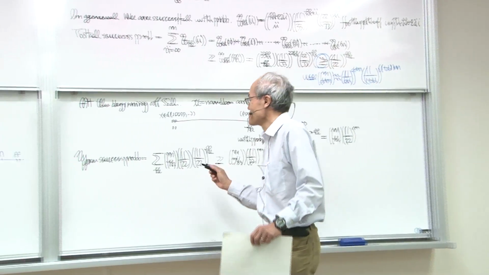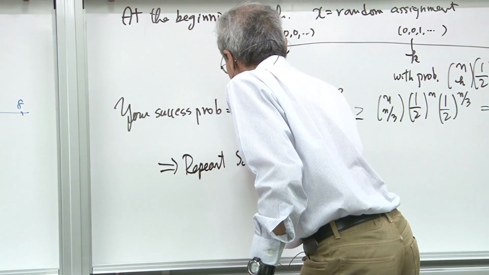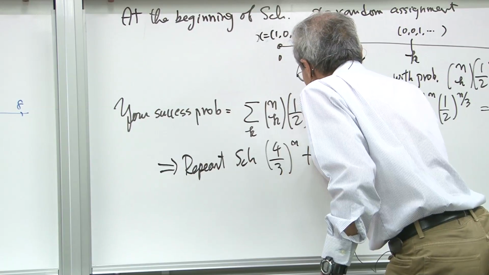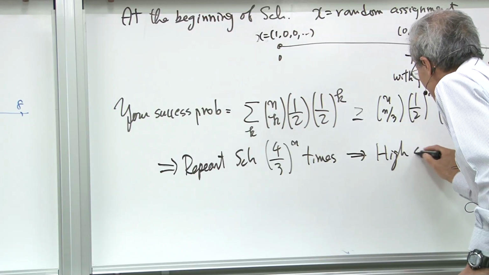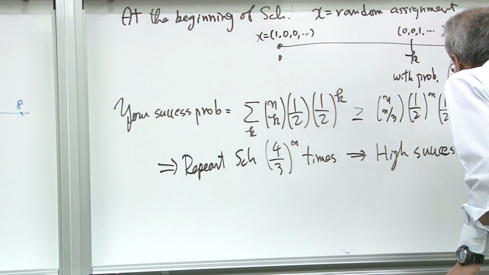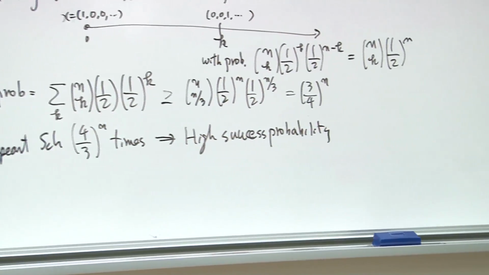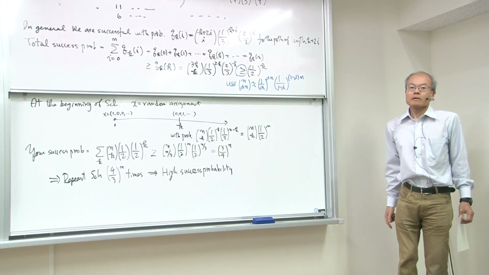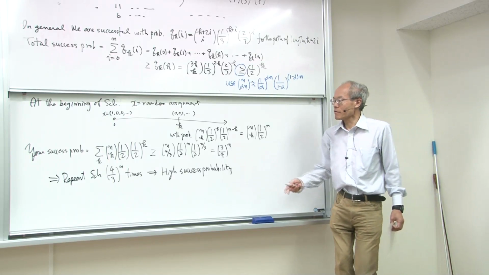Then repeat. By using simple probability theory, just repeat that procedure 4/3 to the n times, just the inverse value of this probability.